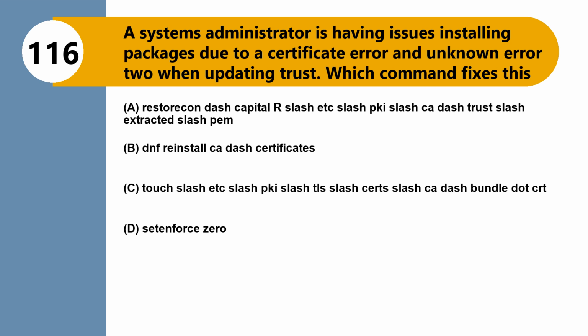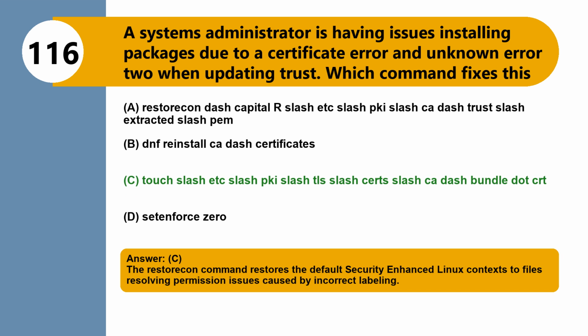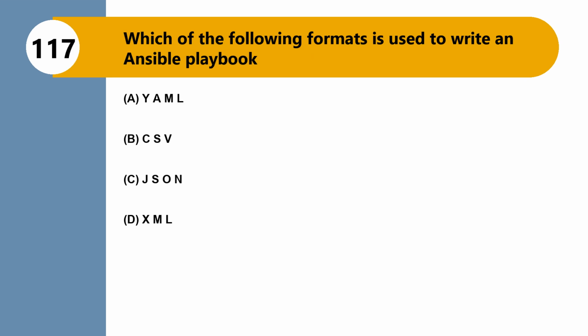Option D, setenforce 0. The correct answer is option C. The restorecon command restores the default Security-Enhanced Linux contexts to files, resolving permission issues caused by incorrect labeling. Question 117.